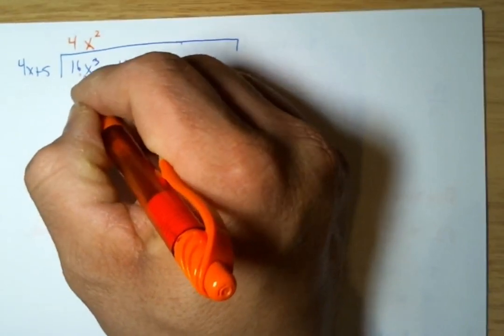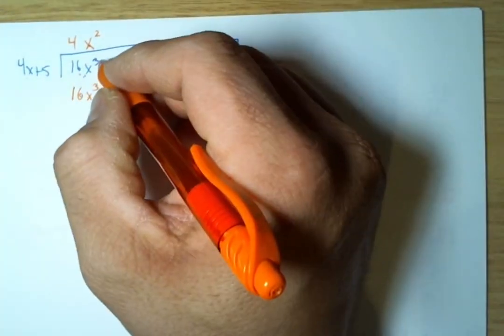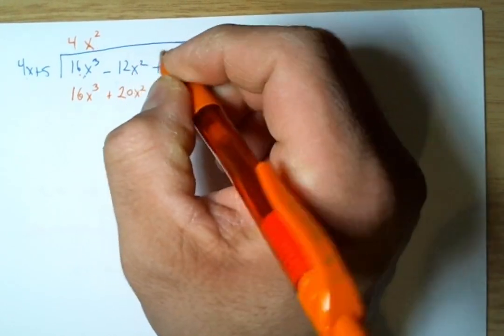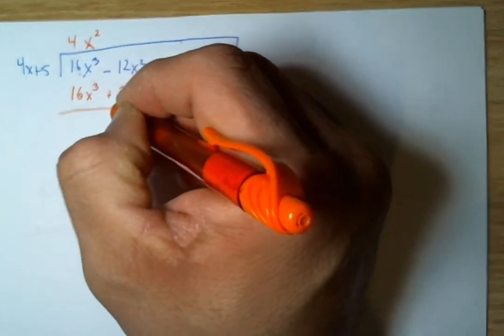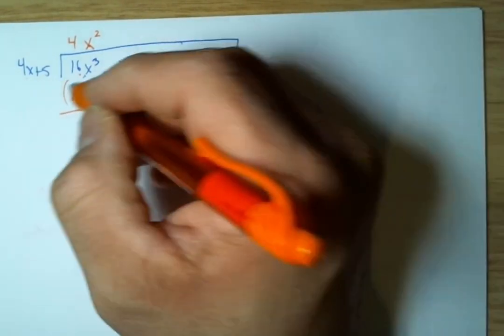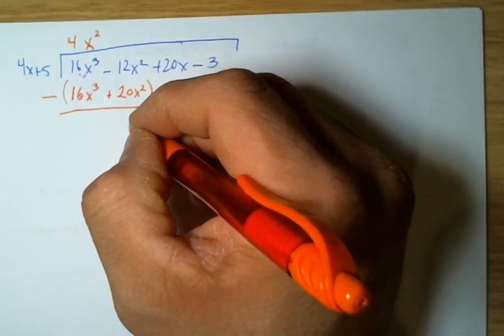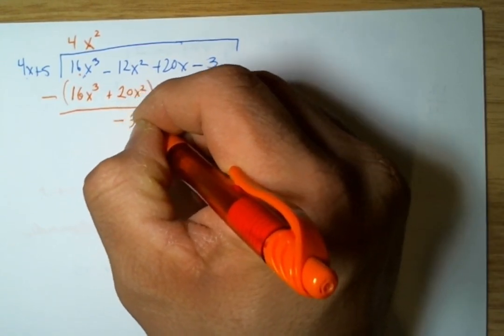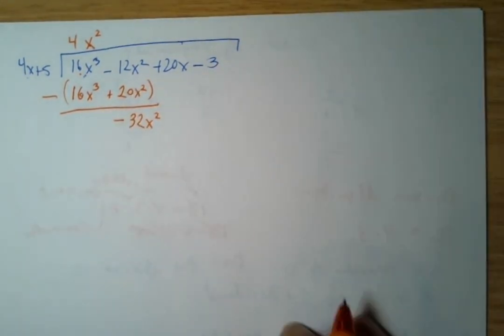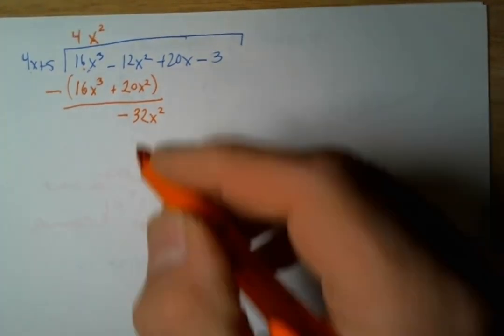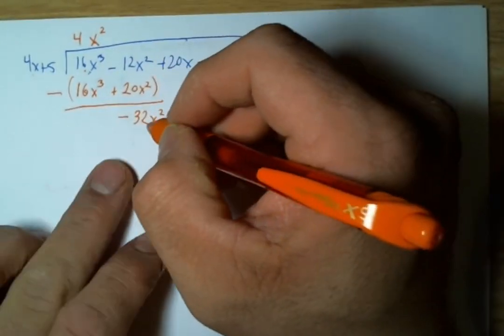So multiplying here, we get 16x cubed plus 20x squared. All right, we subtract, and that becomes 0, and this becomes negative 32x squared. And again here, just focus on this leading term.